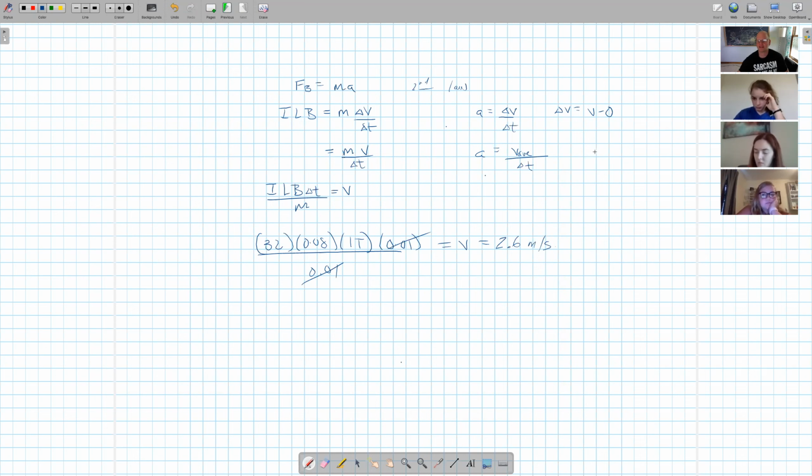The average velocity is the final velocity plus the initial velocity divided by 2. So that's where that extra factor of 2 comes from. Sorry about that. So this should be divided by 2, which gives you the 1.3.